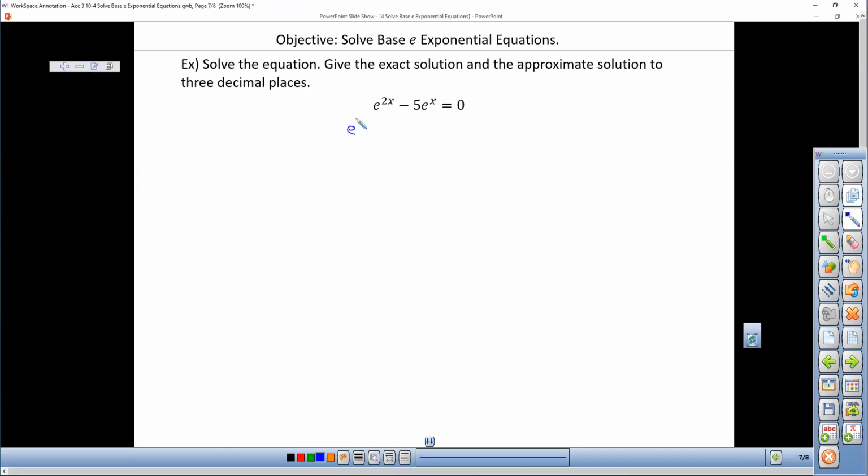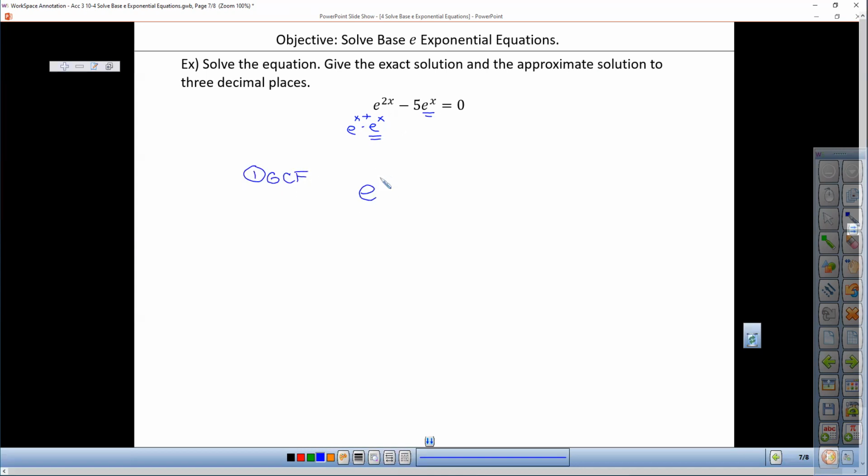E to the 2x is e to the x times e to the x, because the exponent property says to add those exponents together. X plus x gives us that 2x, which means that an e to the x is our GCF, our common factor. So our GCF is e to the x, and then that would be times, in parentheses, the other e to the x minus 5.